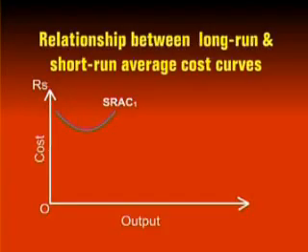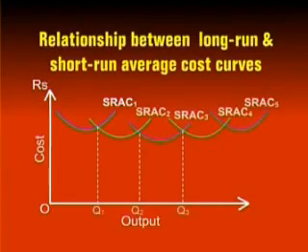However, as we increase our output, the short-run average cost rises quite sharply. However, at some point Q1, the firm has the option, at least in the long run, to set up another factory, open another plant, and therefore it can move to another short-run average cost.